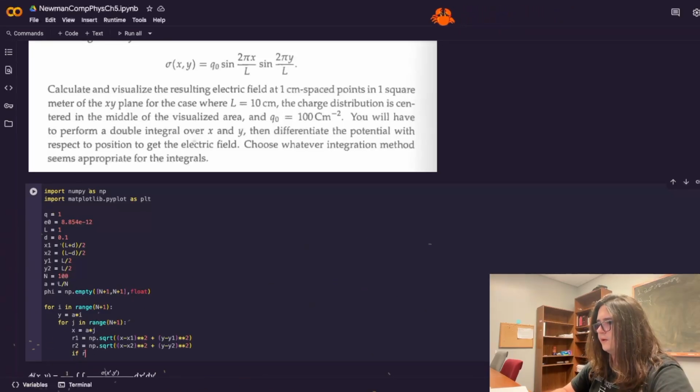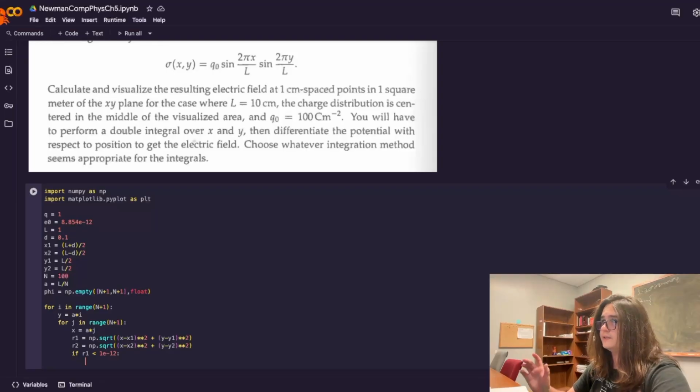If R1 ends up being less than 1e-12, which just means it's an arbitrarily small distance between the grid mark and the source charge R1, then that means the grid point we're evaluating at is essentially on that grid mark, so we can just set the phi value to an arbitrarily large number. I can just set it to 1e12 and be good.